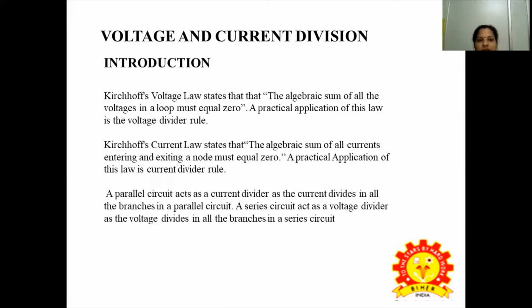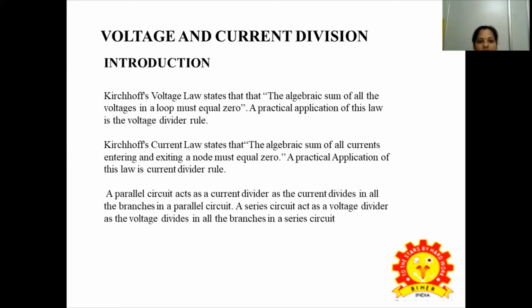Now, introduction of voltage and current division rules. Kirchhoff's voltage law states that the algebraic sum of the voltages in the loop must equal 0. The practical application of this law is the voltage division rule.